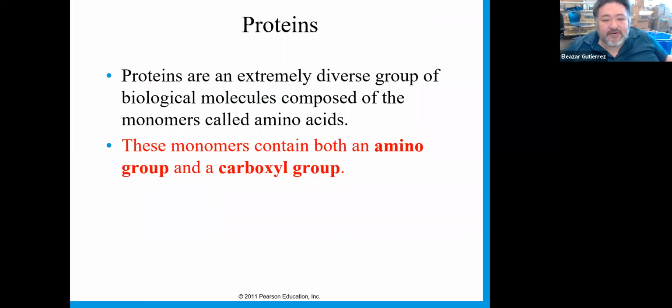Okay, switching to proteins. Proteins and nucleic acids, that's really where it's at. If you want to know how something lives, you need to learn about proteins and you need to learn about nucleic acids. Okay, first of all, the monomers contain both an amino group and a carboxyl group.